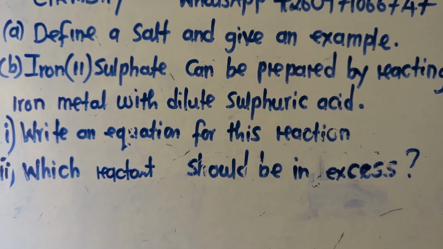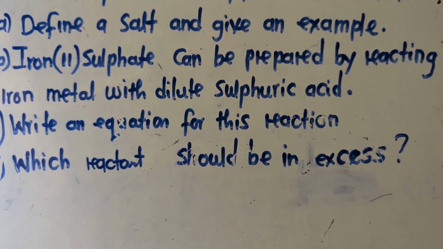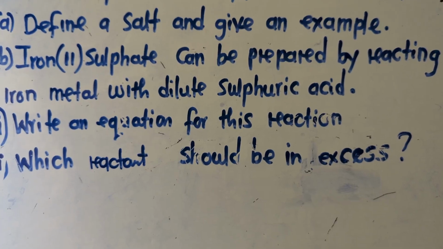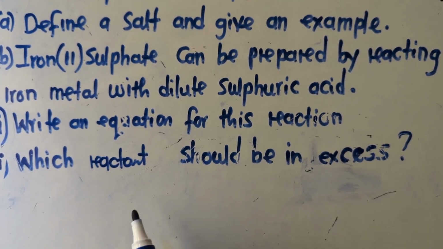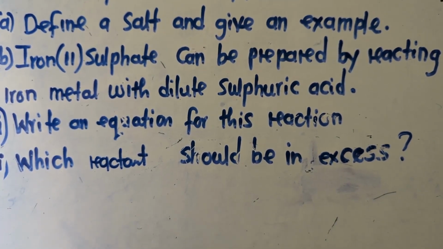So now, the first question here is telling us to define a salt and give an example. Whenever we are talking about a salt, I'm going to be very slow. I'll just give you the definition of a salt, which is very simple.